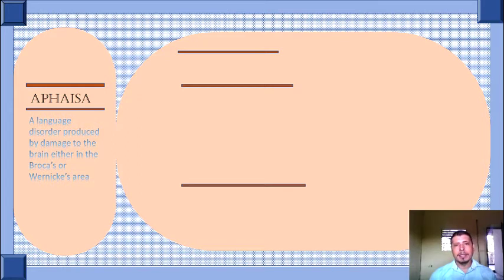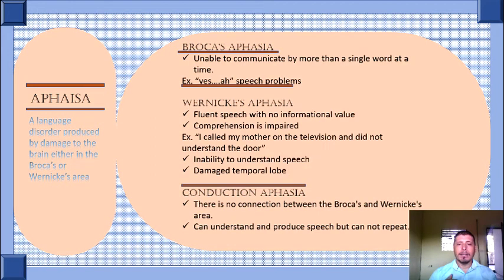So what happens here? Maybe we had an accident or some sort of damage happened to either area. So what is going to happen is, for example, if it's Broca's aphasia, we are going to be unable to communicate more than one word.